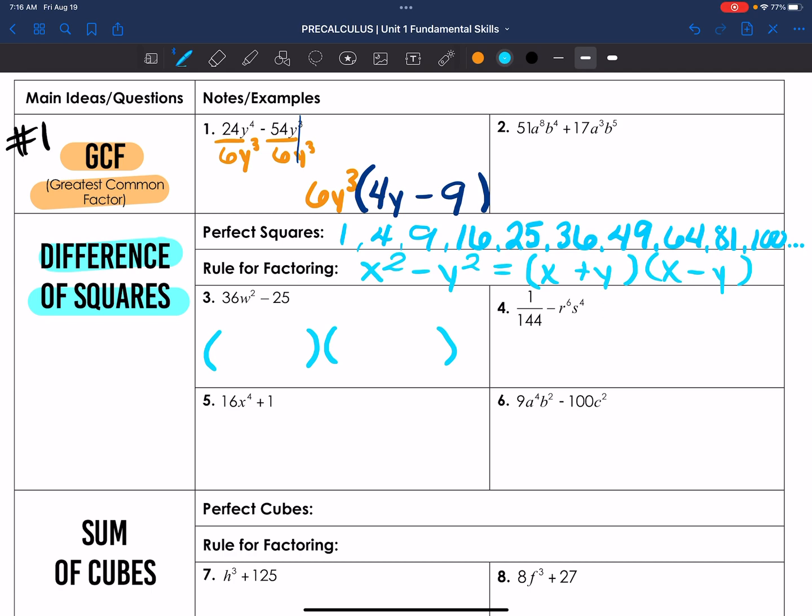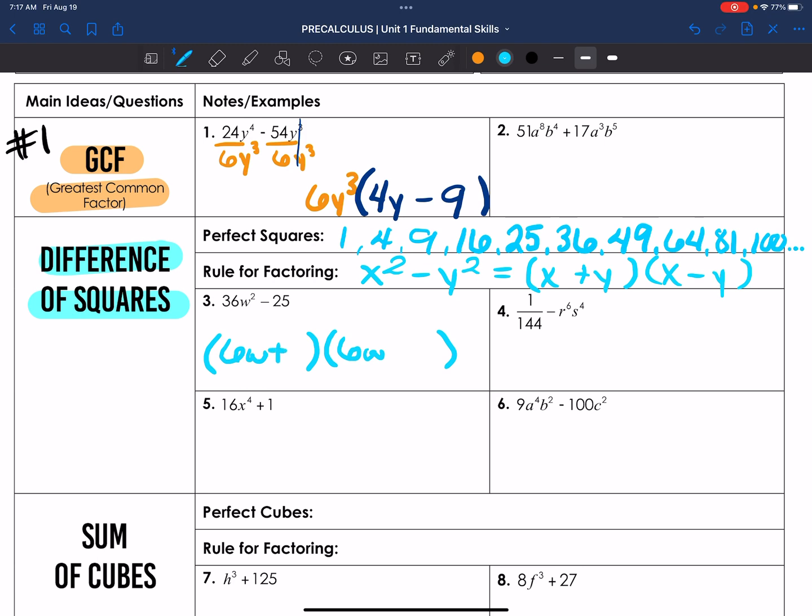What number squared is 36? That would be 6. And how do we get a w squared? Well, with a w times a w. One of these is going to be plus, one will be minus. And what is the quantity that when squared is 25? That is 5.